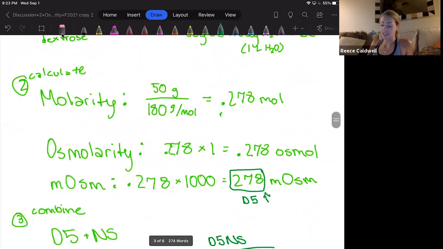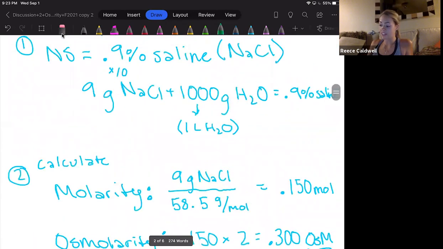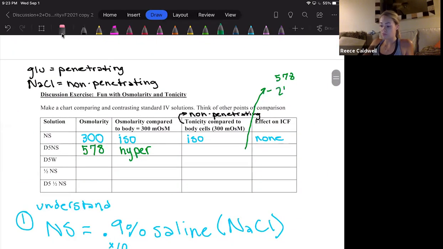So we're going to take that 278 and subtract it from our total because we're only solving for the non-penetrating molecules. So we subtract the penetrating one. And what we're left with is 300. 300 equals 300. So this is going to be an isotonic solution. Again, isotonic solution, that will have no effect on the cell.